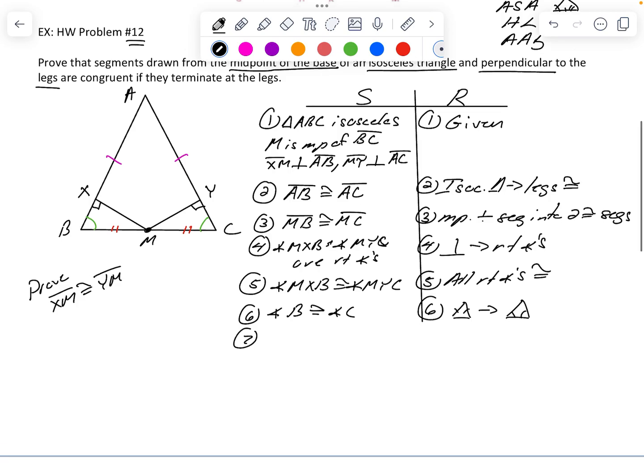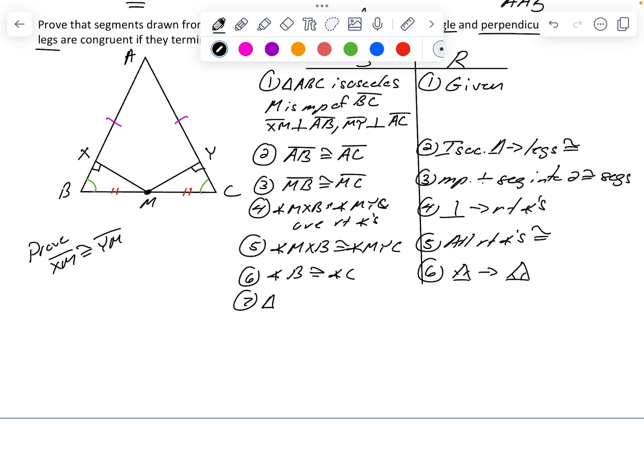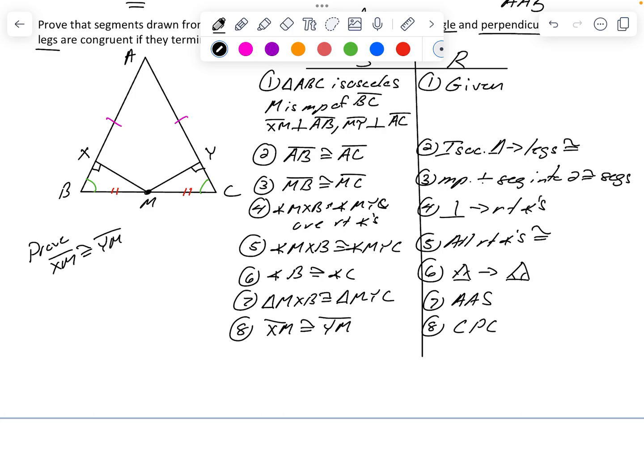We can now say triangle MXB congruent to triangle MYC, and that is by AAS, and then finally we can say XM congruent to YM, and that is by CPCTC.